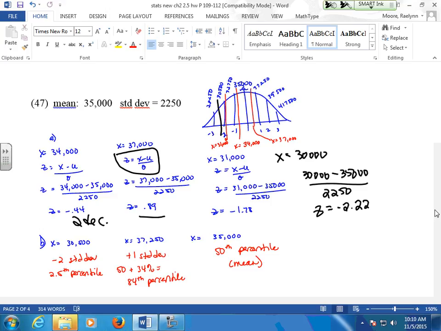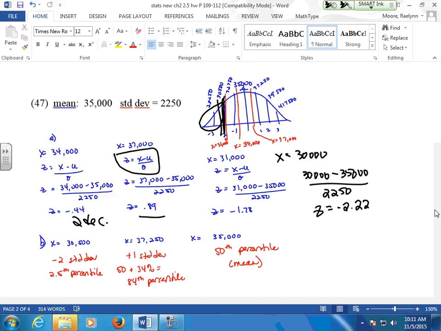So negative 0.44. Did we have to look those guys up, just these guys? No. Oh, they just gave us these. They gave us different numbers because they have to correspond to their chart. So using your empirical rule, you are at the negative 2. If you're going to play with your empirical rule a little bit, your plus or minus 2 comes here.